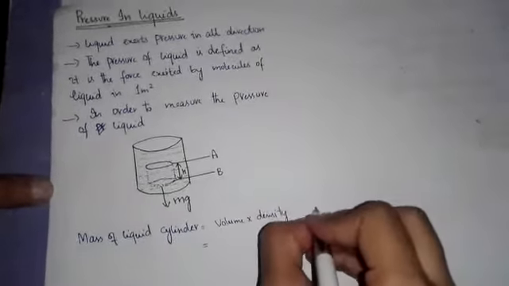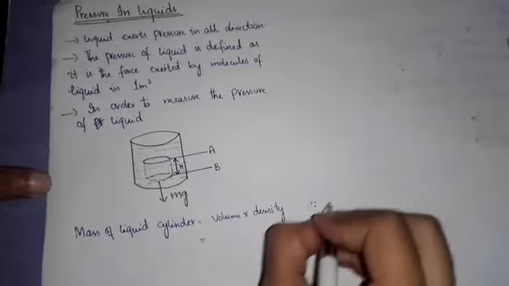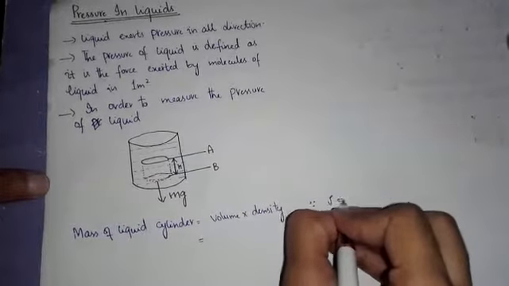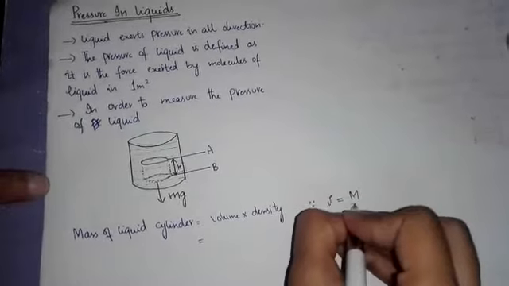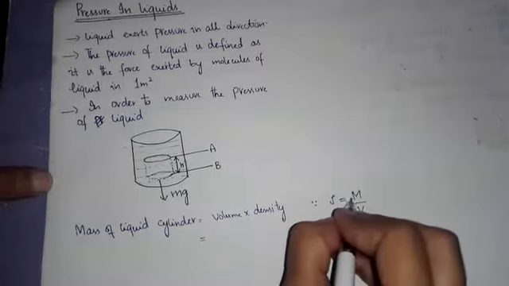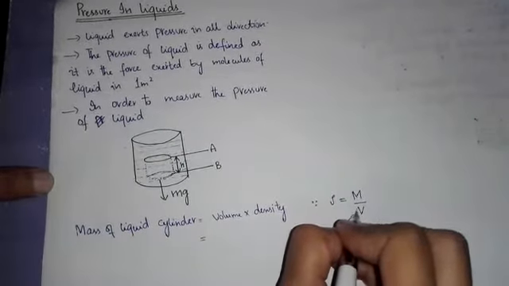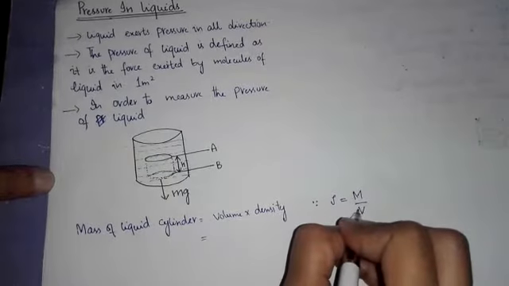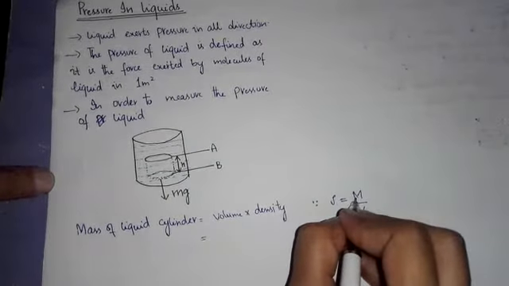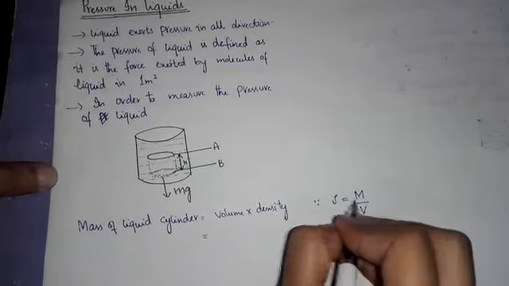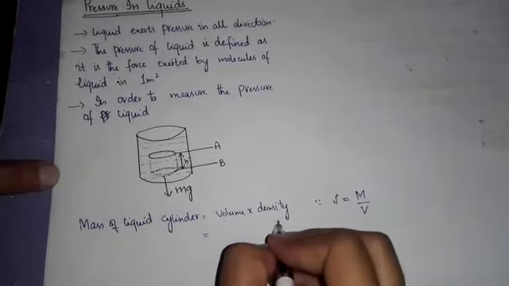We know that rho, density, is equal to m over v, mass over volume. So from this relation we can say that the mass of the liquid cylinder is equal to the volume into density.